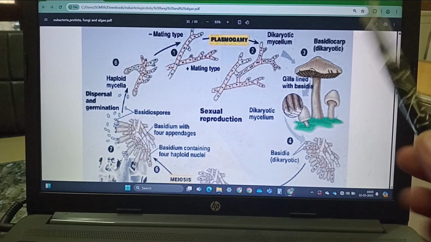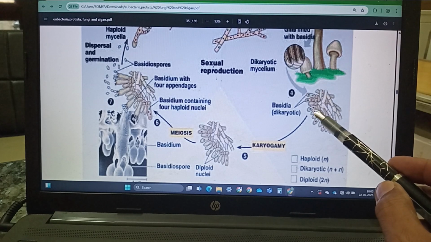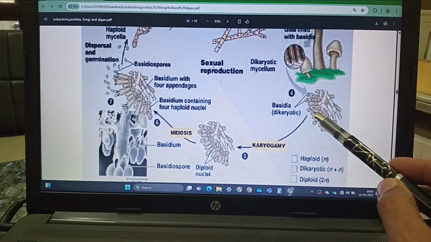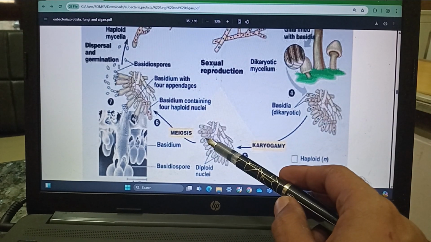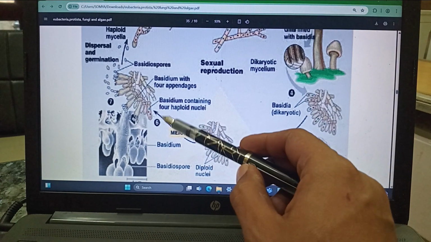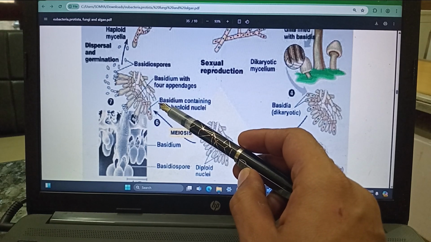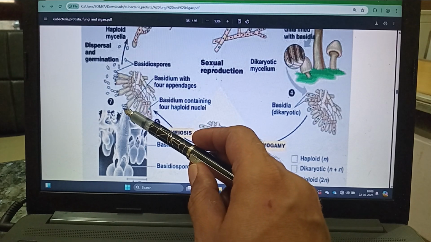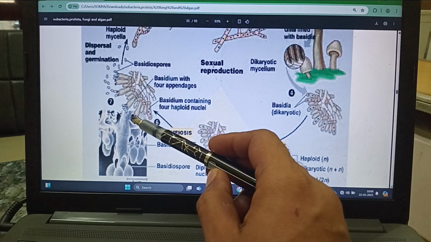Here karyogamy will take place; they were binucleated, then karyogamy takes place. Karyogamy means the fusion of the two nuclei, followed by meiosis, giving rise to 4 basidiospores. Here you are seeing 1, 2, 3, 4 basidiospores on the structure called basidium.